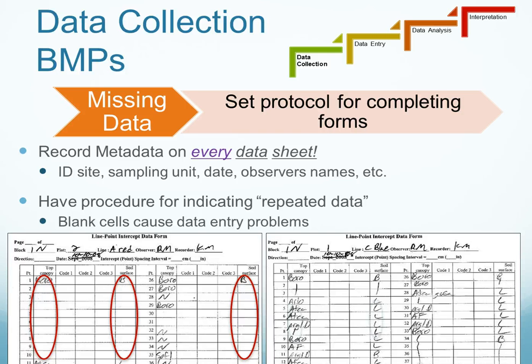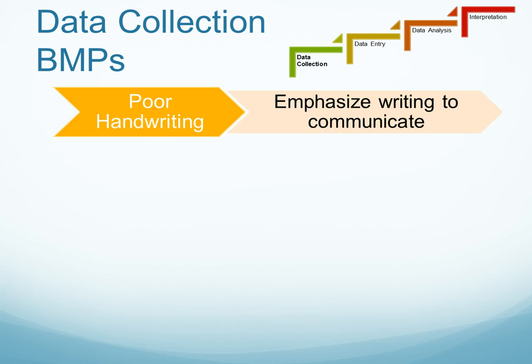And so if we have a protocol, as the recorder on the right used, just by putting a slash or a line to indicate that this is repeated information, for example, B here for the soil surface should be assumed to follow until it's changed into a different indicator.